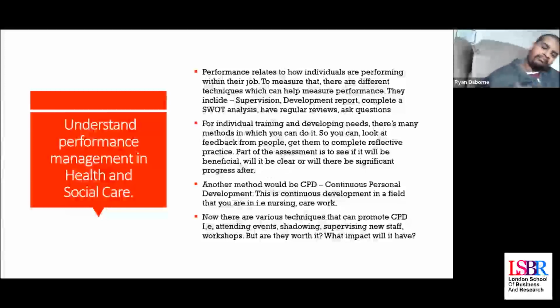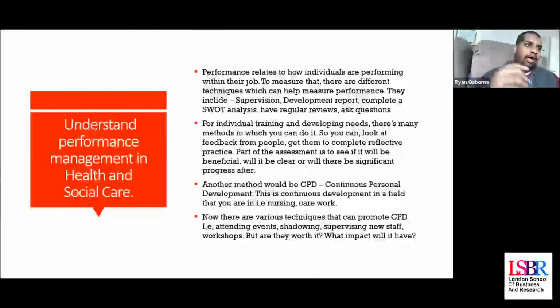Now, part of seeing how your staff perform is to get your staff to do a SWOT analysis. A SWOT analysis, if you haven't heard of it already, stands for strengths, weaknesses, opportunities, and threats. Strengths are what you are good at. Are you a good leader? Are you a good communicator?